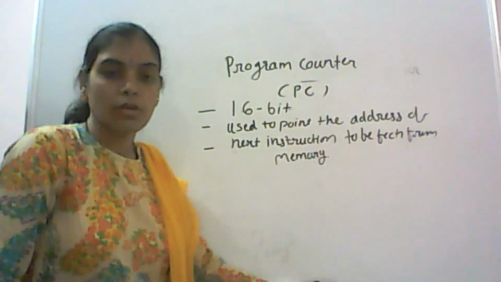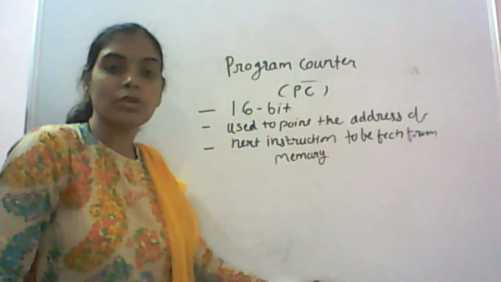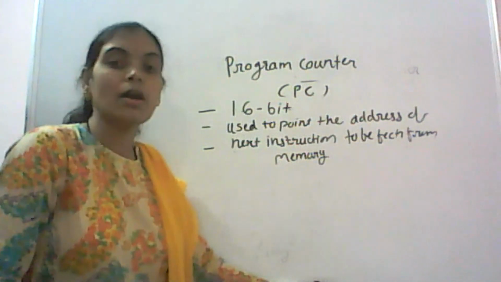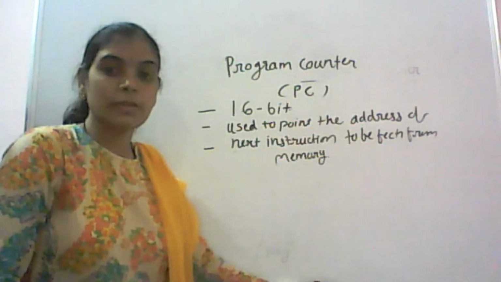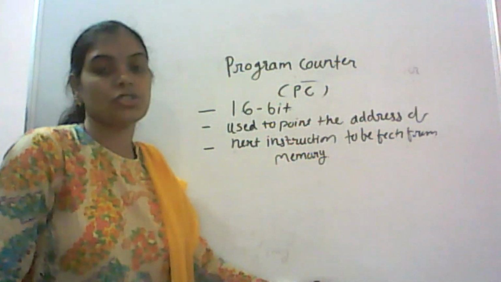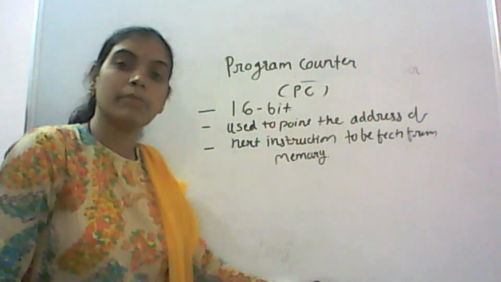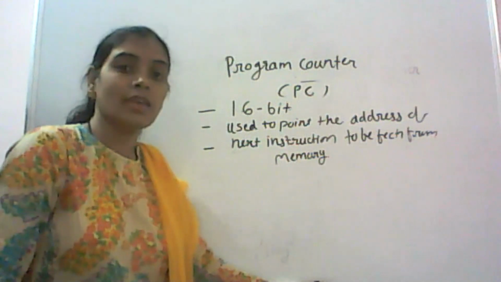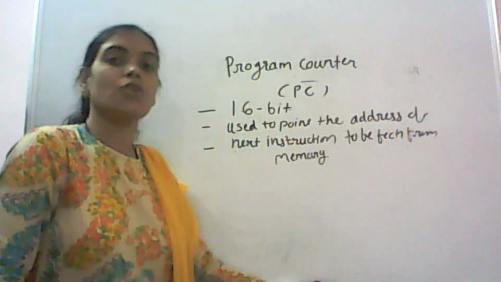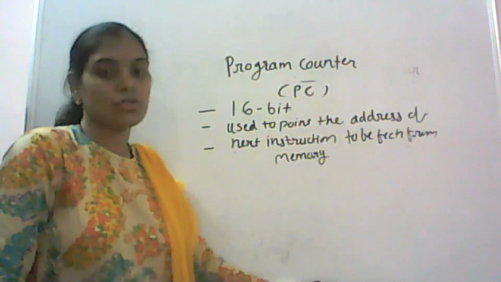Okay. What is the program counter? Program counter is a 16-bit register. It is a special purpose register. It is used to point to the address of the next instruction to be fetched from memory. Simply you can say, program counter stores the address of the next executable instruction.